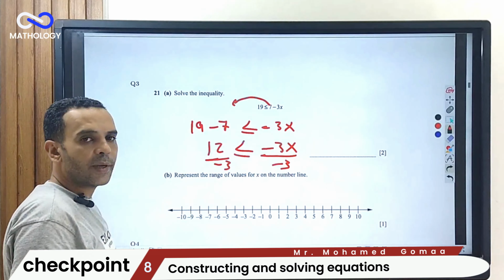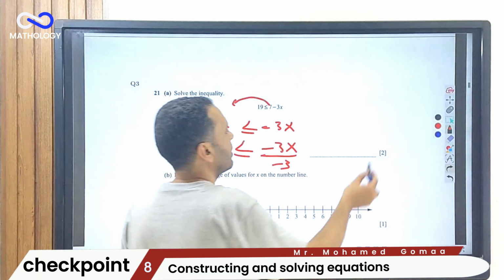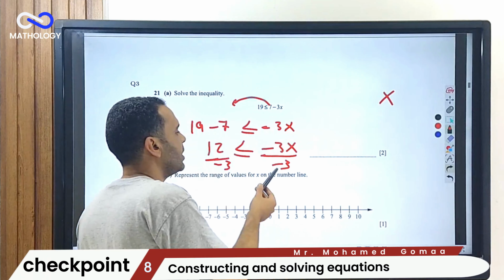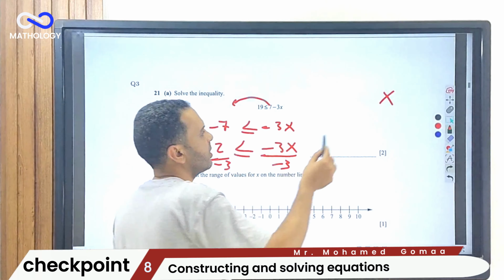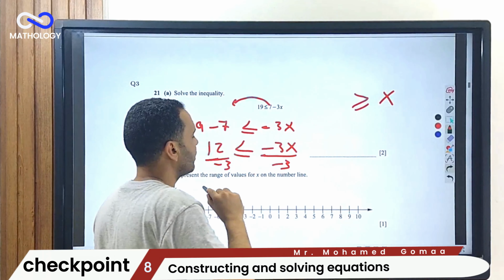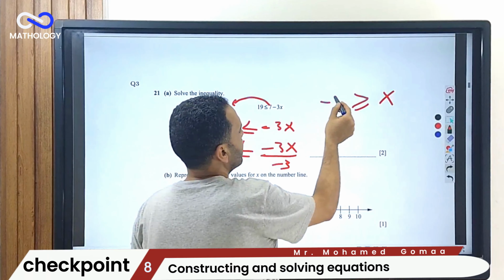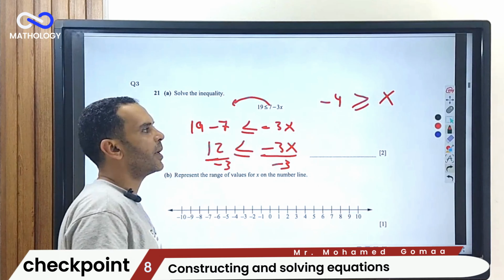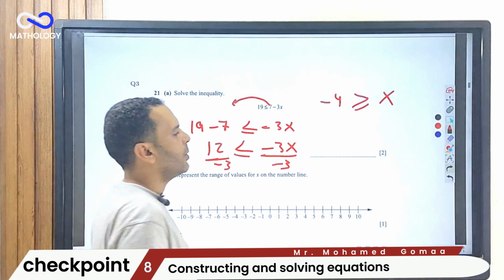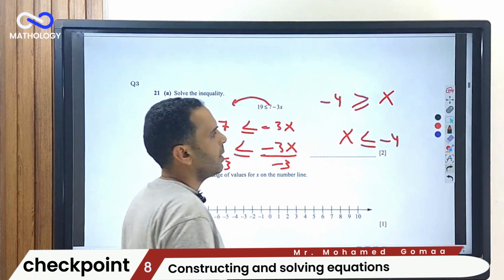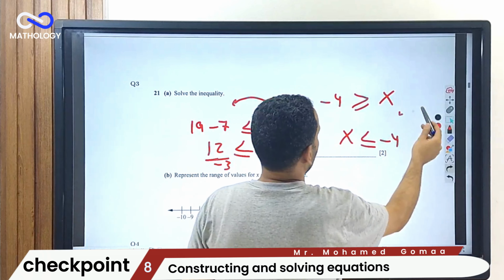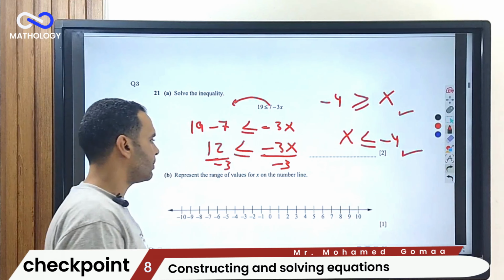Divide both sides by -3. It will be x here. But we divide the inequality by a negative number, so we have to change the sign of the inequality, like this one. 12 divided by -3 equals -4. -4 greater or equal to x, or we can say x is smaller than or equal to -4, like this one. This is true, and also this is true.